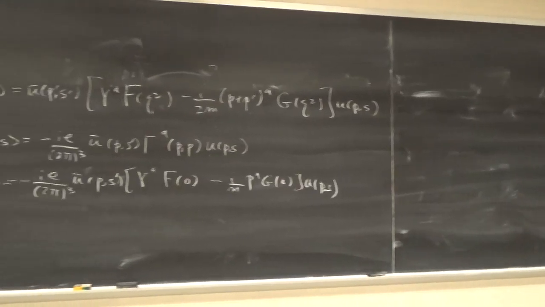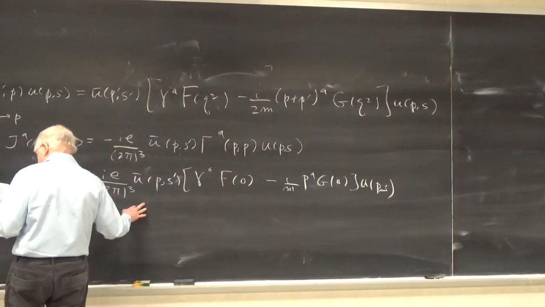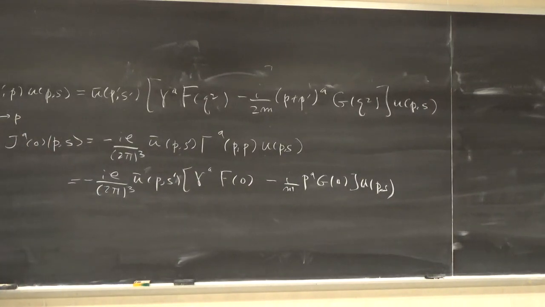Now, Dirac's gamma matrices are defined by the rule that the anti-commutator of gamma A and gamma B, which is gamma A gamma B plus gamma B gamma A, is 2 eta AB.